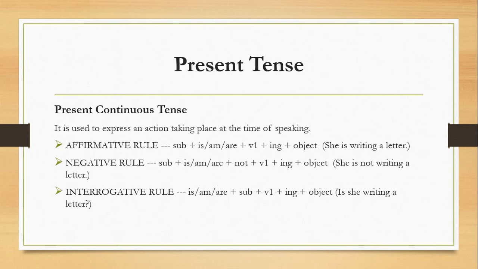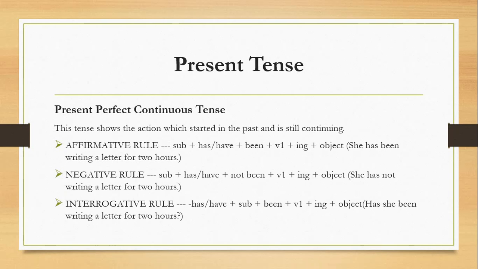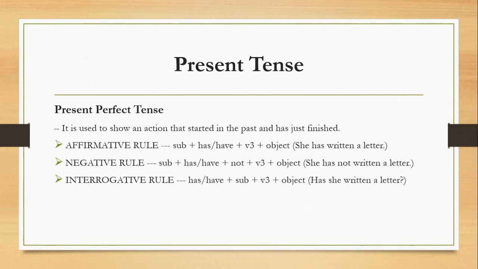Then comes present perfect tense. It is used to show an action that started in the past and has just finished. Do remember, it started in the past but it has just finished. It is present perfect. For example, affirmative: subject plus has or have.